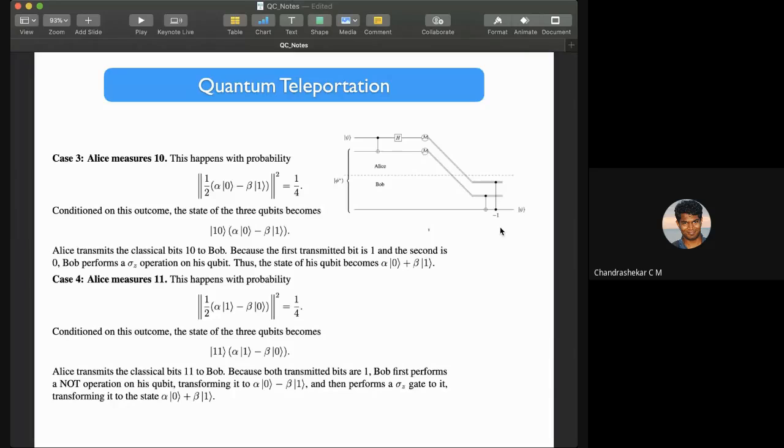So what you are trying to do is, if you have two channels, both classical and quantum, then using both these channels you can have additional security in your protocols. So if one of them is hacked, you will get to know. That's one of the ways people are trying to exploit the best of both worlds, the classical and the quantum world.